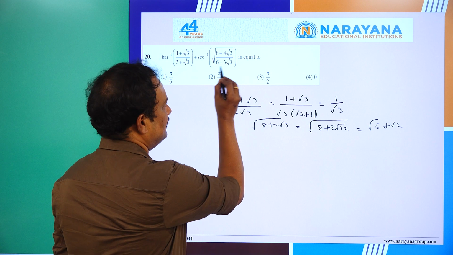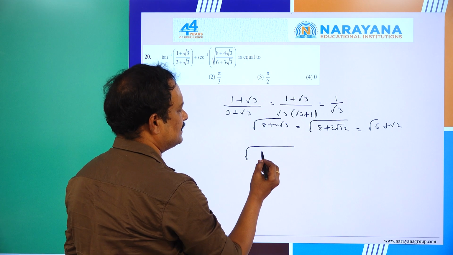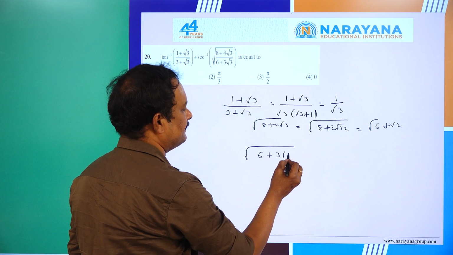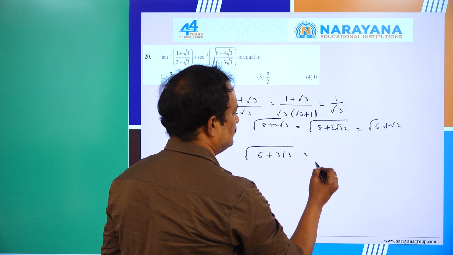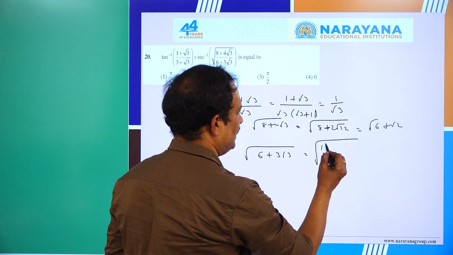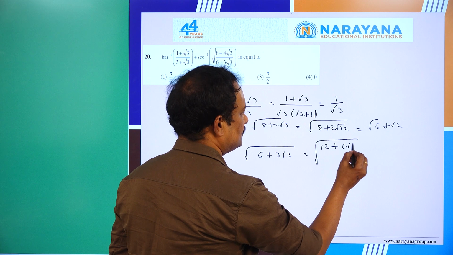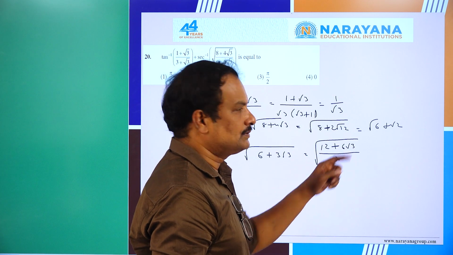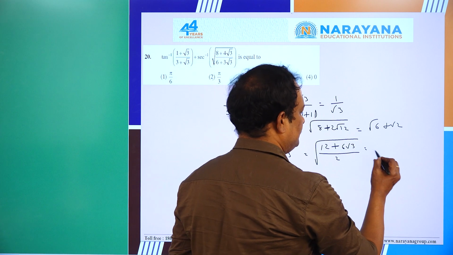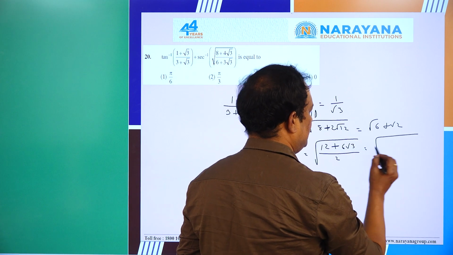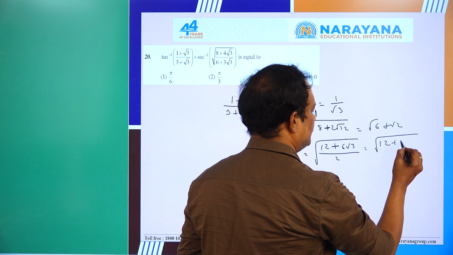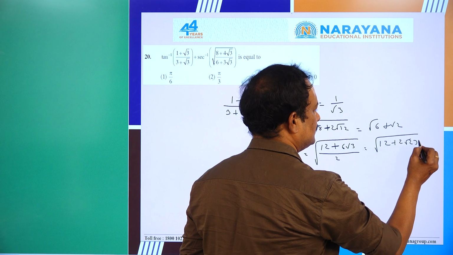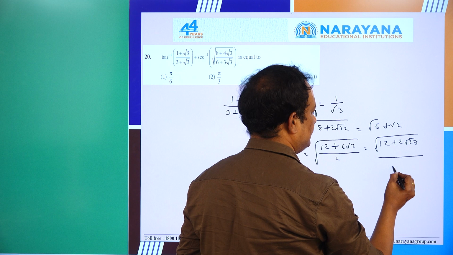In the same manner, simplify this denominator, root over 6 plus 3 root 3. So how to simplify this one? You just multiply and divide with 2 there. So 12 plus 6 root 3, divided by 2 there. We are converting that one into alpha plus 2 root beta modulus. So this is root over 12 plus 2 root 27, whole divided by root 2 of course.